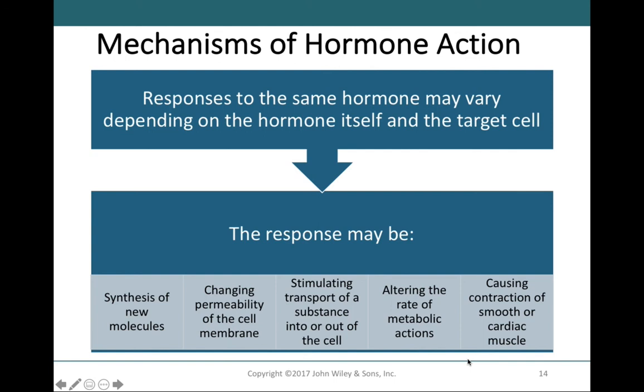Those have a little bit of a harder time getting transported throughout the bloodstream, but once we have a transport protein that can take them here and there, the lipid-soluble hormones are actually able to freely cross the membrane because they can interact with the phospholipids in the cell membrane. So one thing that we're going to see with our lipid-soluble hormones is that their receptors are actually going to be found inside of the cell.